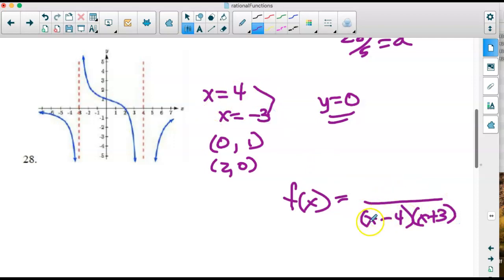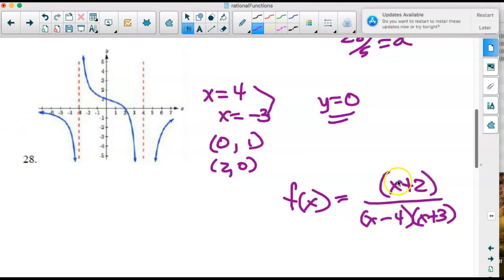We know the bottom. Okay, now the top, it crosses through -2, so that means this has to be x plus 2. And we know that there's a horizontal asymptote, so that means this power, which is 1, has to be less than this one, which is x squared.